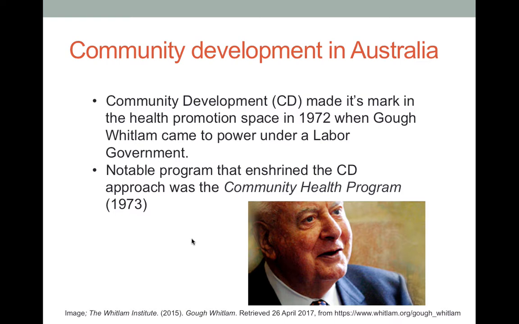So just a quick notable mention was the Community Health Program, which was instated in 1973. It aimed to provide a range of primary healthcare services which had an emphasis on prevention, counselling and rehab.